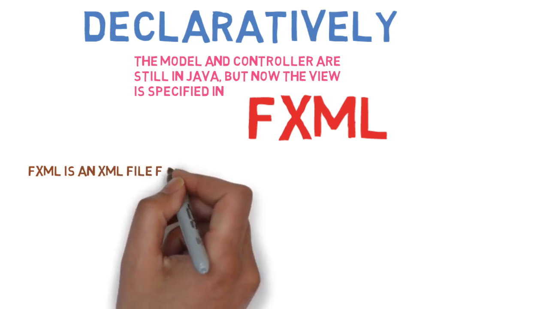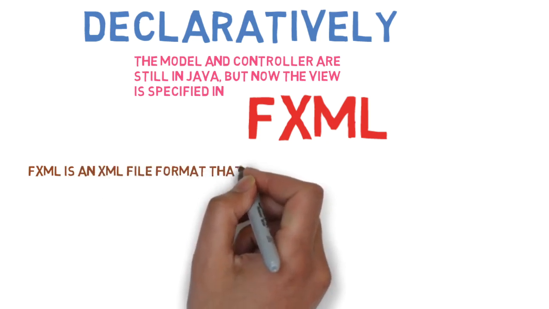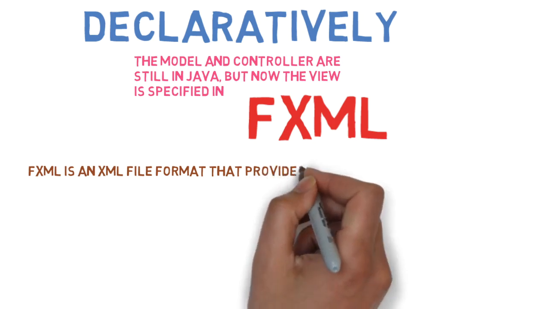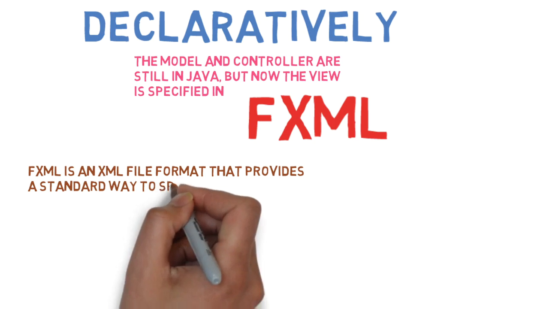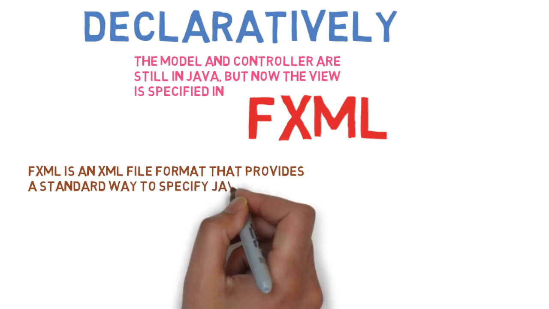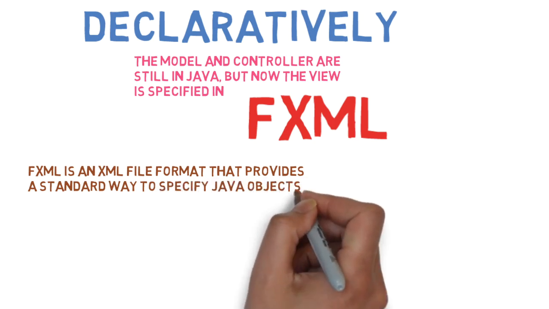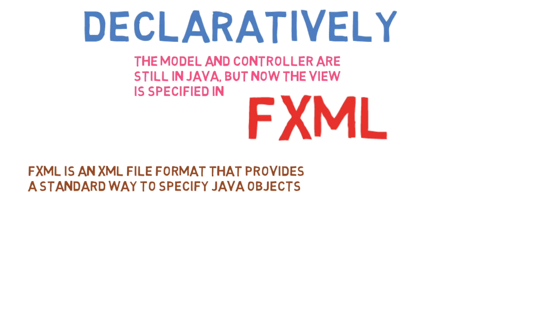FXML is an XML file format. It's built atop XML in that it uses tags and markup, but it provides a standard way to specify Java objects. The objective of FXML is a way to specify a Java object completely such that it can be instantiated in code.